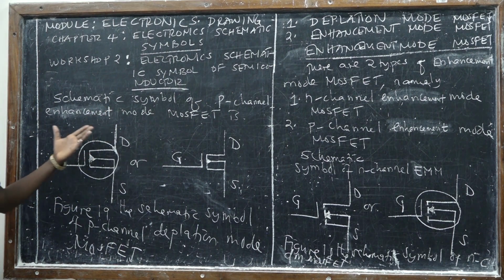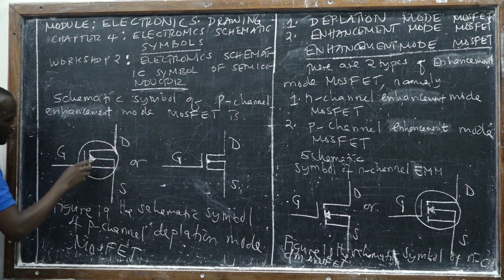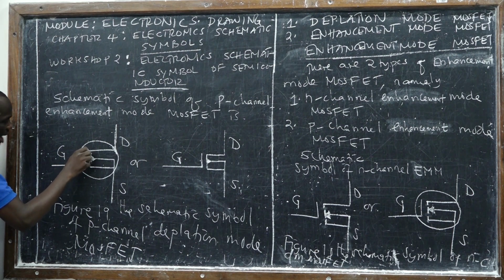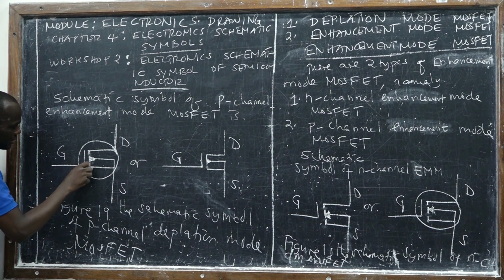So the schematic symbol of the P channel enhancement mode MOSFET. Look again on the blackboard. So this is the schematic symbol. You have to examine the drawings of your neighbor, because your neighbor is now careless in drawing since you're about to finish the class.